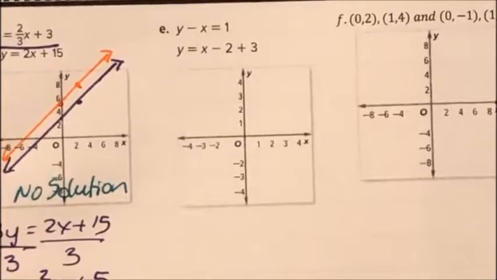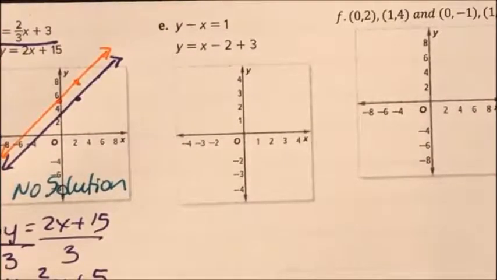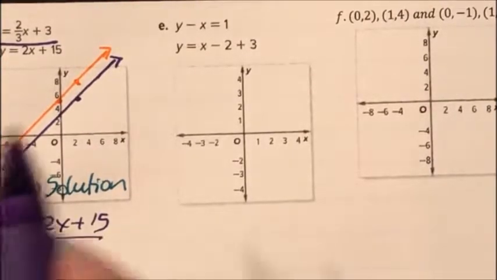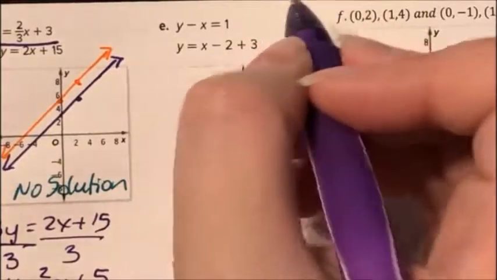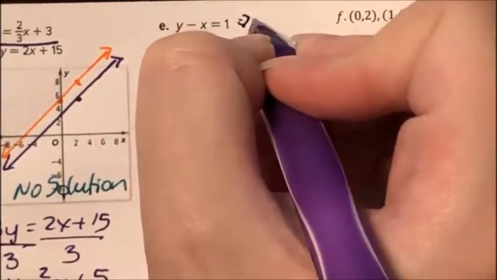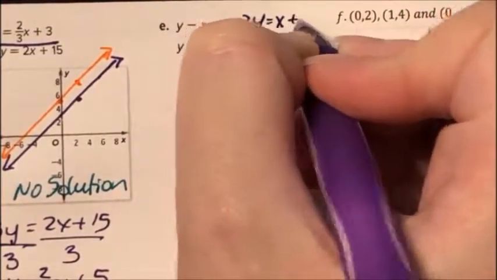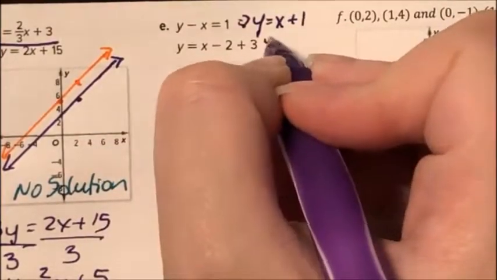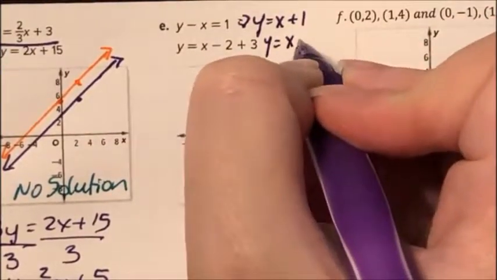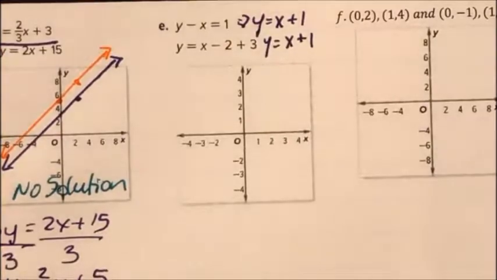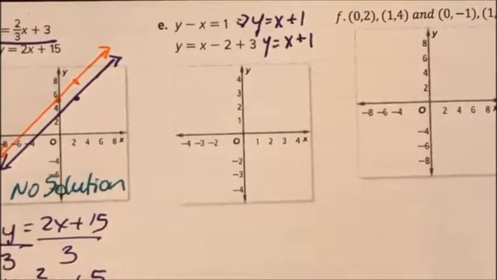Letter E, y minus x equals 1 and y equals x minus 2 plus 3. Okay, so I need to solve both of these equations. So my first one, I want to get y by itself, so I add x to both sides. So this is y equals x plus 1, and this one's y equals x plus 1. They're the same equation, which means I'm going to have an infinite number of solutions.